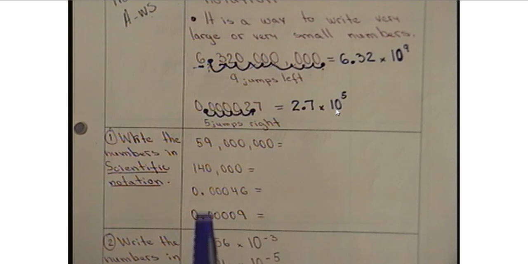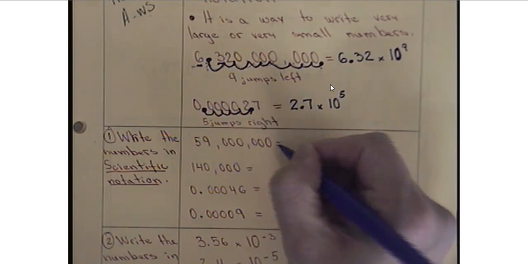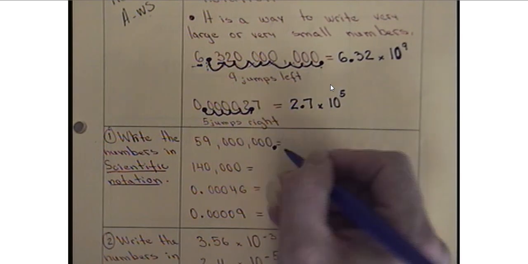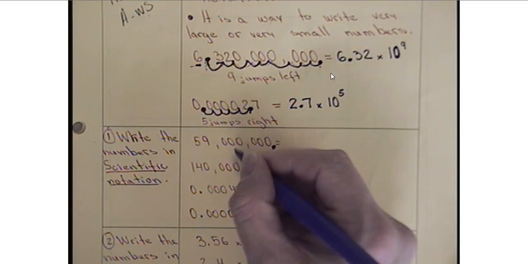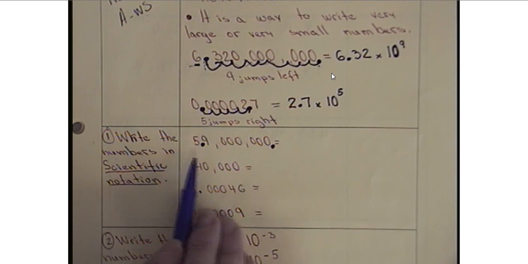So if you have the first number written down, and it's a big number, we all know that the decimal point is on the end of the number. We don't see it, but we know it's on the end. So let's move this decimal point all the way to the beginning between the first 2 numbers, and we're going to count how many jumps we need to make.